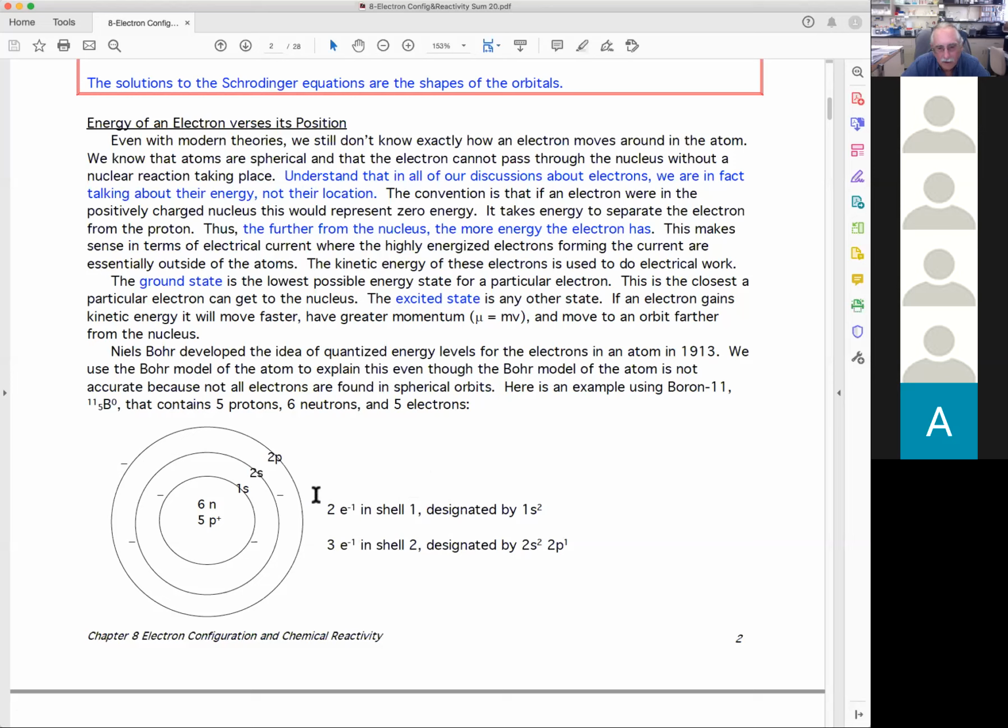Well, we know by looking at the solution to the Schrödinger equations, in other words, the shapes of the orbitals, that the orbitals are not spherical like this. So right now, it's very difficult to even explain things without having the simplicity of saying, what if they all are in circular orbits? Then we can talk about the energy between this one and this one, right?